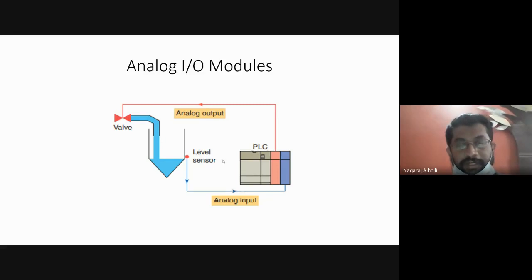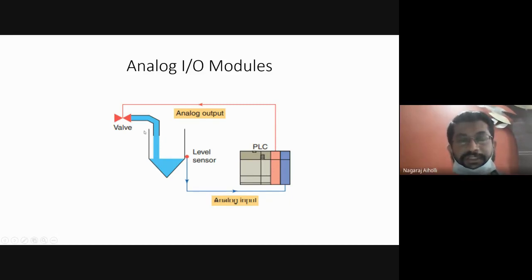So to maintain it, again we send the level sensor signal to the analog input of the PLC. And again, this PLC, based on the ladder program, provides a certain analog output voltage, and that operates the valve. The position of the valve is adjusted again, just to maintain the height of the level in the tank.